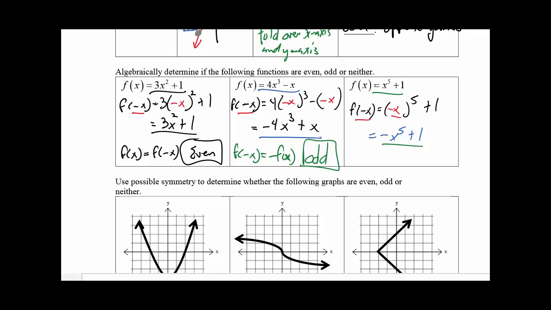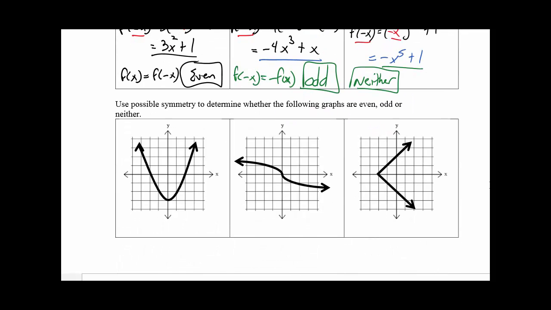And this is where we get, that's interesting. With the x to the fifth, we do have opposites, a negative x to the fifth, but the plus 1s are the same. So it doesn't quite fit either pattern, and so this is where neither comes in. If it's not exactly even or exactly odd, it's neither of them, so we can't call it even or odd.